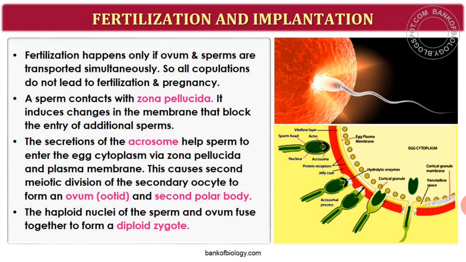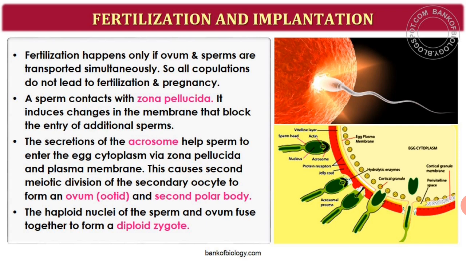But then what next? During fertilization, whenever the sperm enters the egg, the arrested meiosis will continue further, and there is formation of the fresh ovum. Then the haploid nuclei of the sperm and the ovum fuse together to form a diploid zygote.